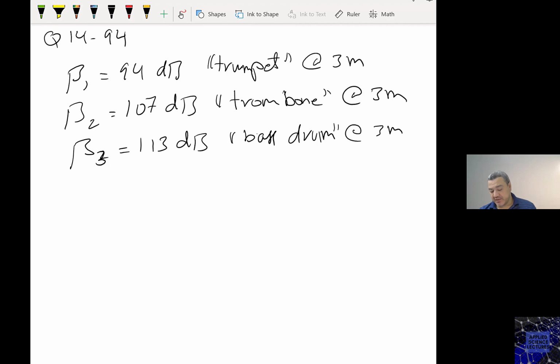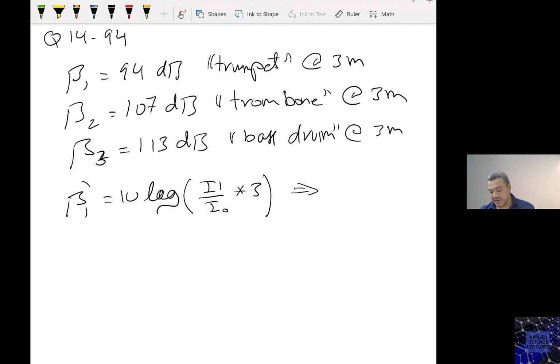So in this case, I will write that beta 1 prime equals 10 log of I1 over I naught. However, I have 3 trumpets, that's why I will multiply by 3. So I have 3 times the intensity because I have 3 trumpets at the same location.